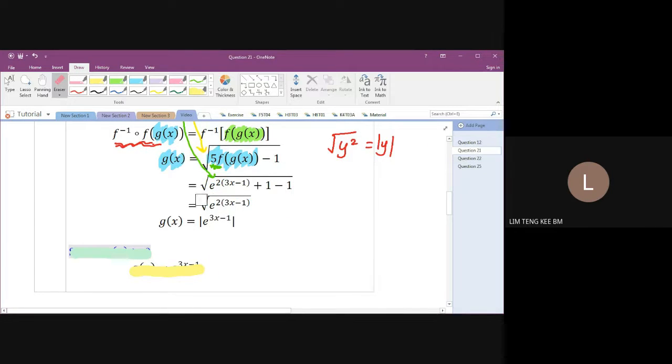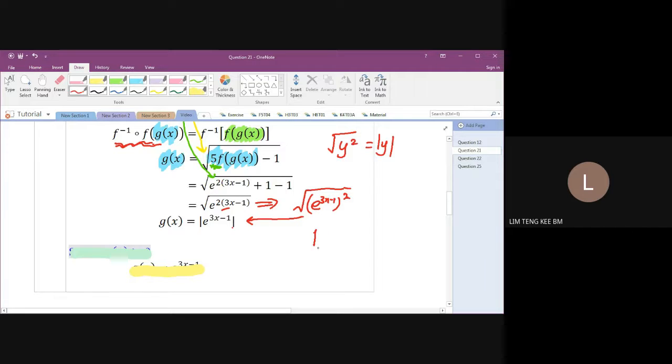If you can't see how it relates to modulus, maybe I rewrite it in more steps. This is actually the square root of e to the power of 3x minus 1, the whole thing squared. When you expand the square, you expand the power, this is what you have. Now you should see how I get the modulus.